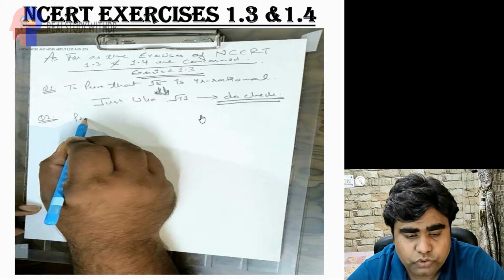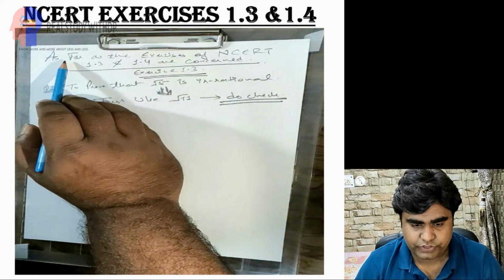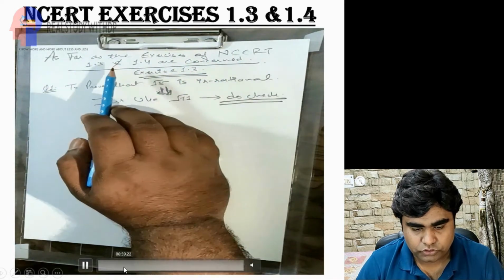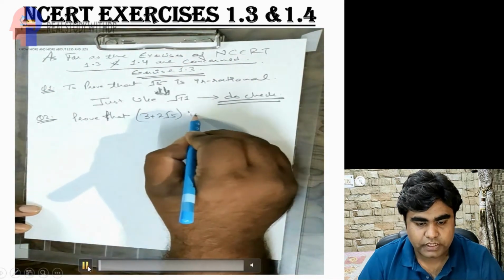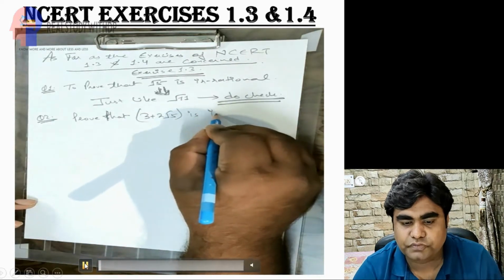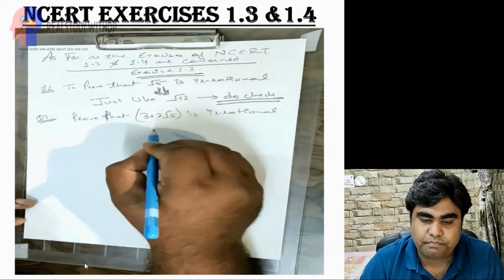So let's see what question number 2 has to say. Here comes question number 2. In this question, we have to prove that 3 plus 2 square root of 5 is an irrational number.